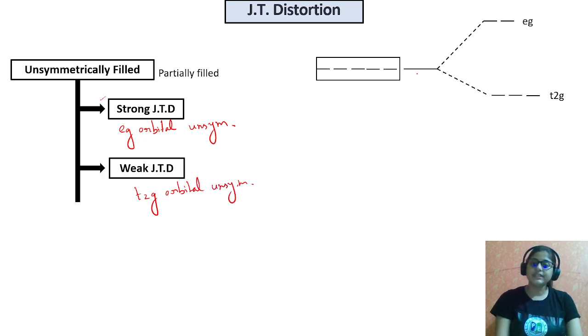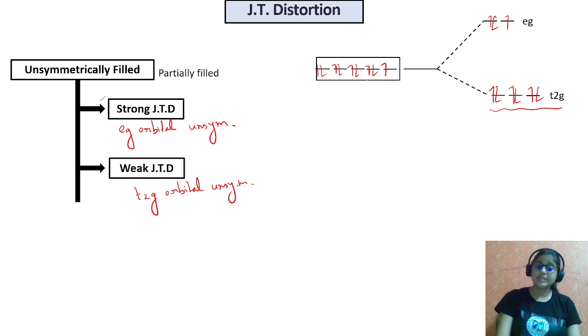For example, take a D9 system: 1, 2, 3, 4, 5, 6, 7, 8 and 9. Here T2G is symmetrical, but EG is unsymmetrically filled. This is a D9 system, so in that case there will be strong JTD. Please remember this.